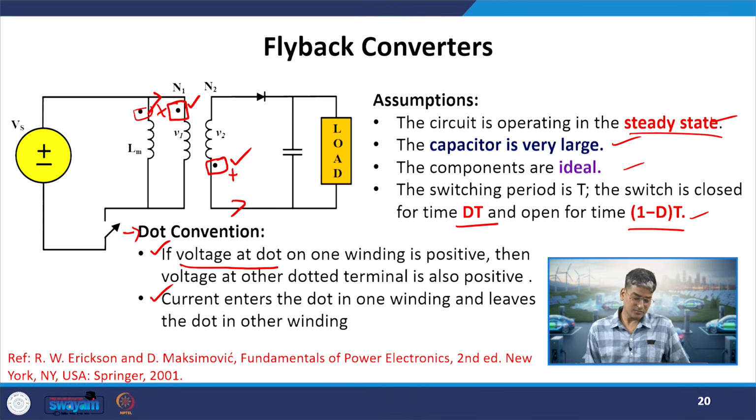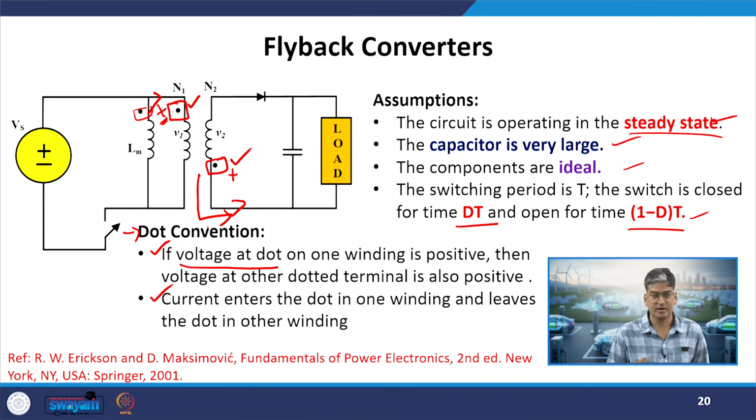So, why is this required? That is derived from the conservation of energy. Suppose this terminal dot is positive and the current is entering, so the power is fed into the transformer. Now, on the load side, the power has to be removed from the transformer, to have balance in the input and output power.